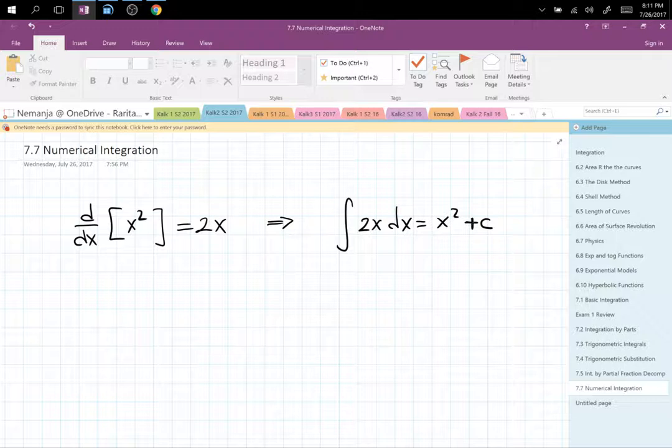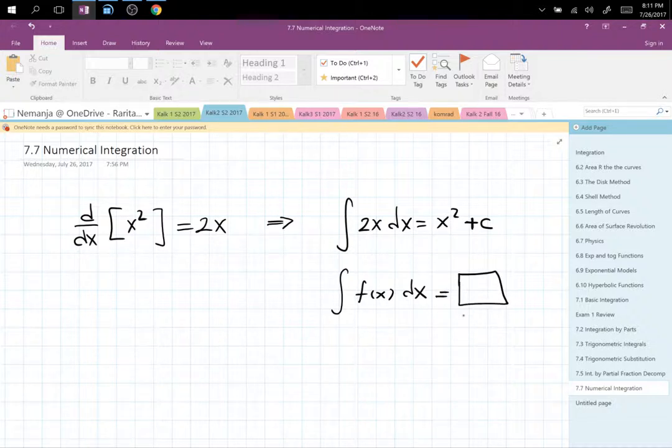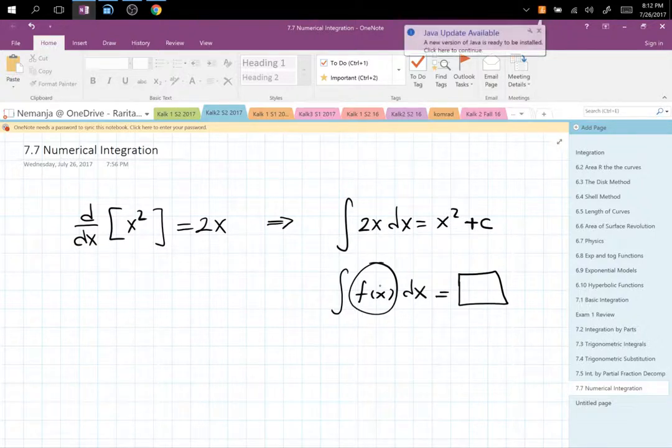We also know that we can find a function f of x dx that actually doesn't have an integral, which means that this will not be an answer if you differentiate.